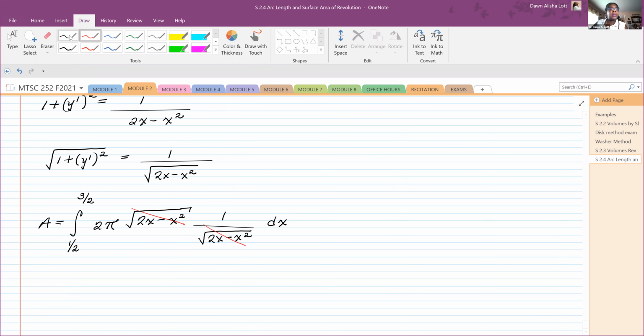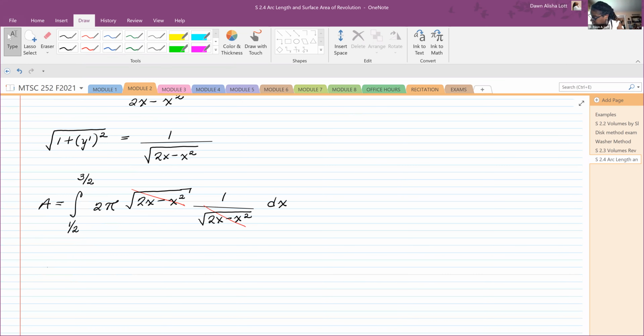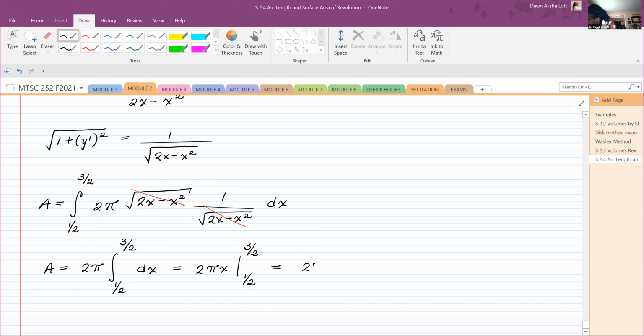So I have nothing to integrate. The area is 2 pi times the integral from 1/2 to 3/2 of dx. So that's 2 pi x evaluated between 3/2 and 1/2. So that becomes 2 pi times 3/2 minus 1/2. Man, what a beautiful problem.